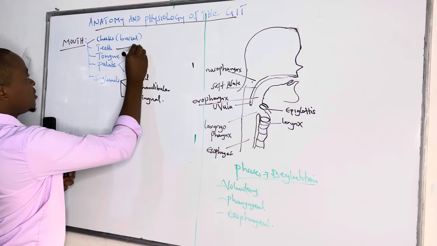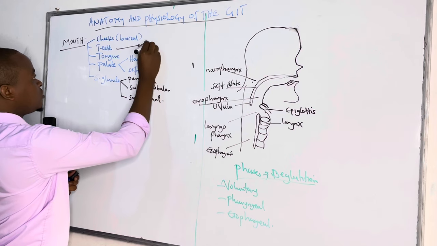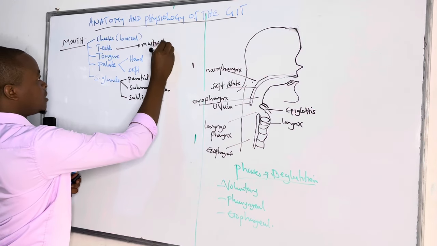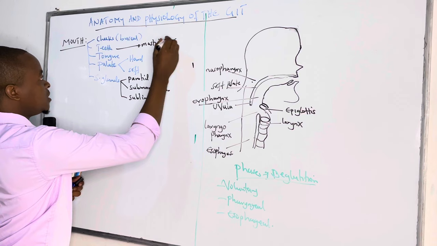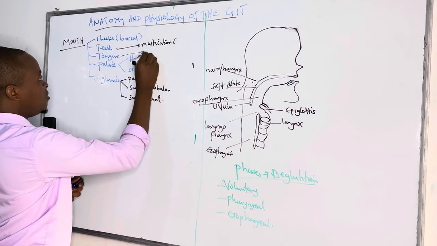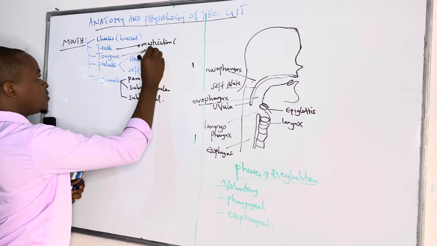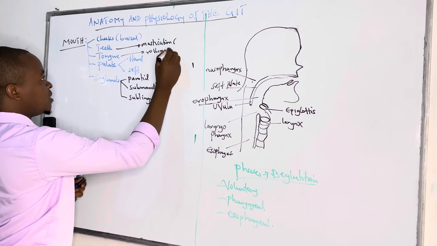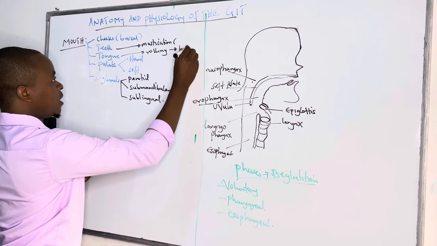So the teeth do the work of mastication, that is cutting food into smaller portions, then the tongue rolls the food to form a food bolus.